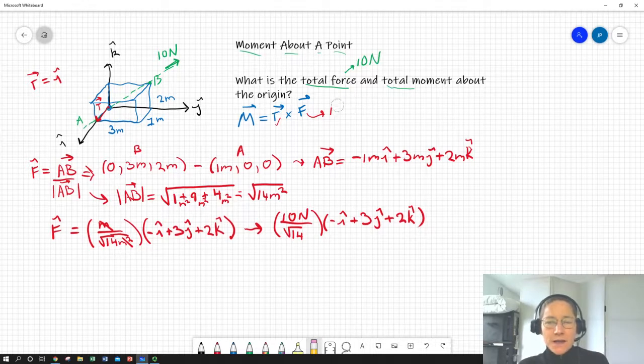So we're going to go ahead and calculate our moment, and we're going to do a little review of the algebraic calculation of the cross product. So I'm going to rewrite my expressions for R and F so I'll be ready to cross them. I hat, and so F, this is really in meters.